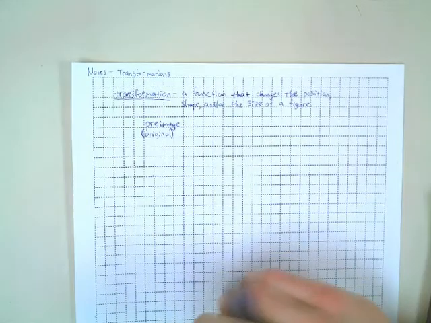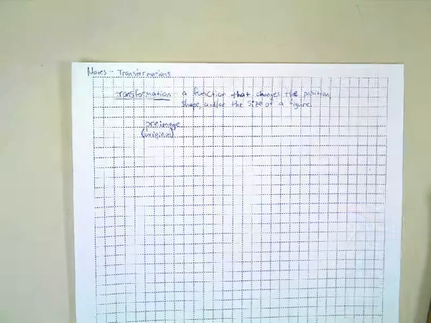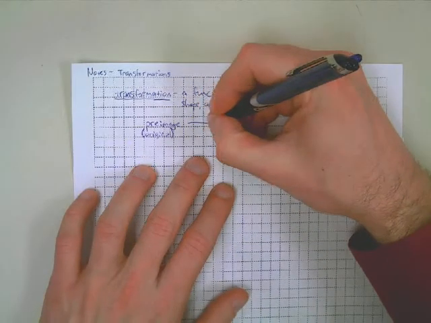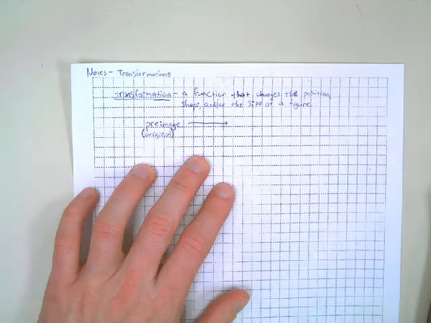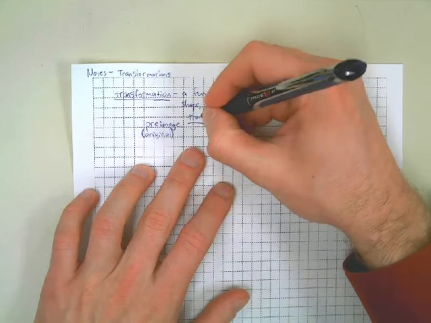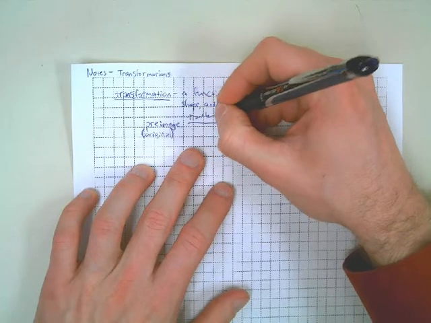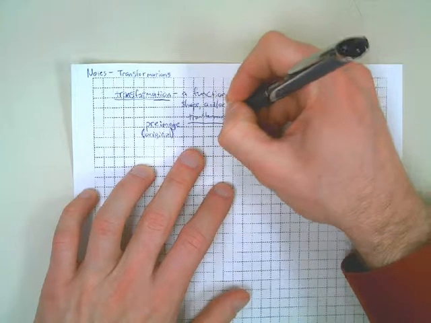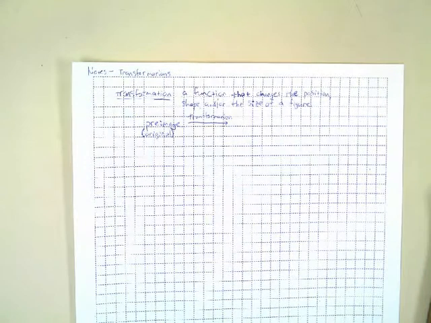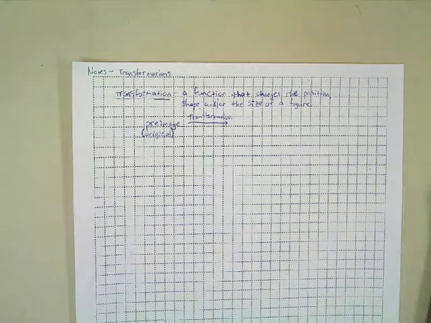Okay, so we take the pre-image, and then that pre-image or the original undergoes a transformation to become, and what do we call it? Once the original undergoes a transformation, or once the pre-image undergoes a transformation, we call it the, what do you think?